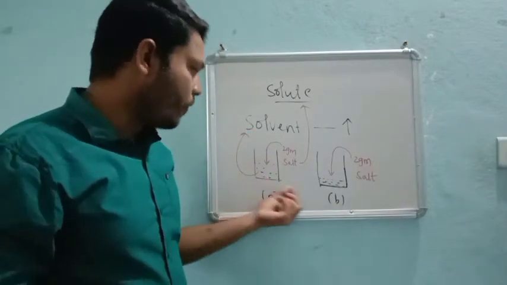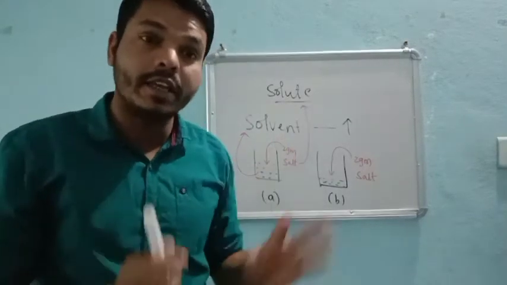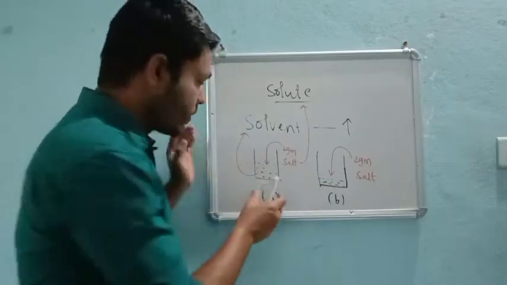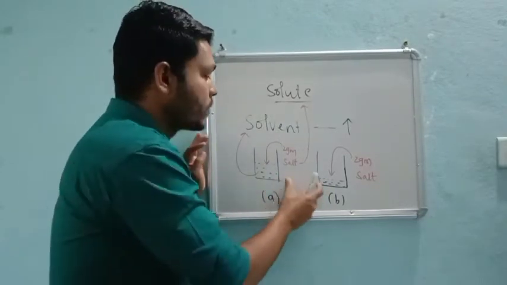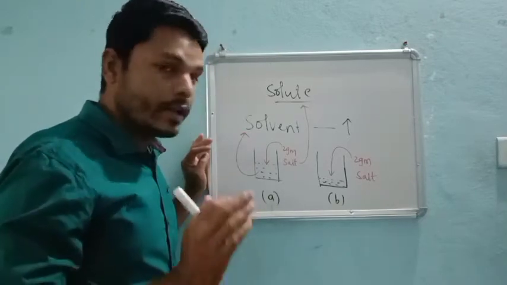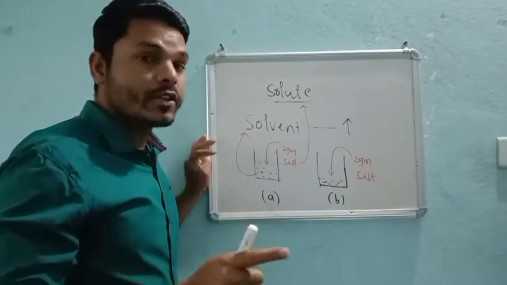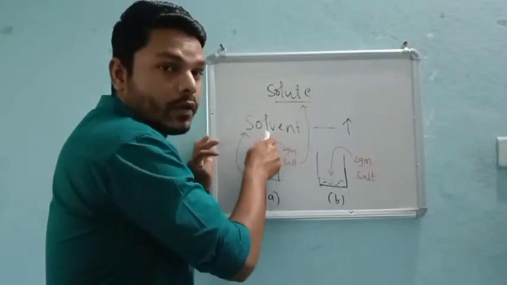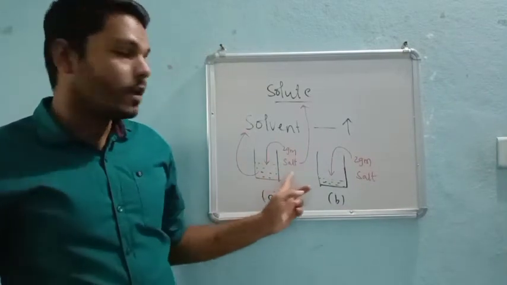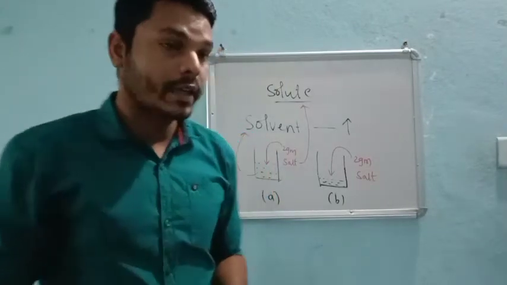If we take a large amount of water, the solubility also takes place. So one conclusion we can draw from these two cases is that whether you take a large or a small amount of water as a solvent, the reaction takes place. That's why I am saying the reaction does not depend on the concentration of the solvent. This is the case with the solvent.